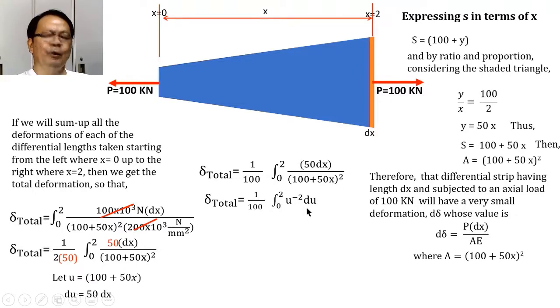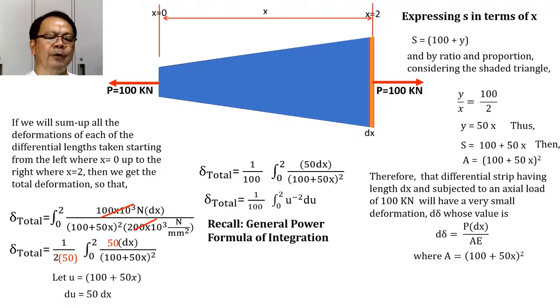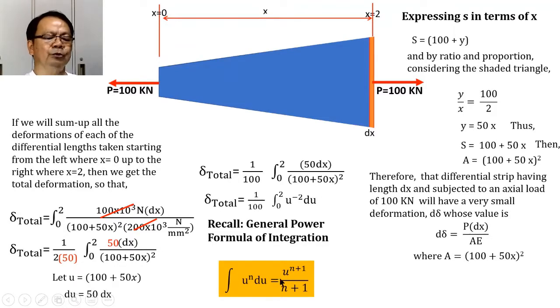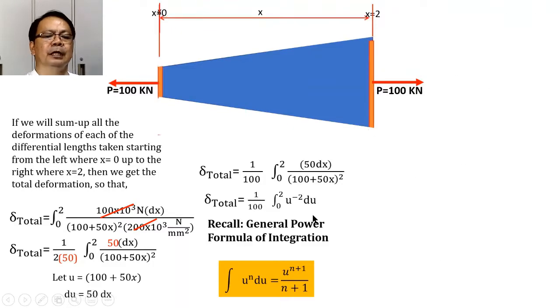Now, how are we going to integrate this? Kung i-recall natin, yung tinatawag nating power formula of integration. Ano ba itong power formula of integration? We have, the integral of u to the n du is equal to u to the n plus 1 over n plus 1. So that if we will be applying this, the integral of this will become equal to, tingnan natin, 1 over 100 times negative 1 over u.